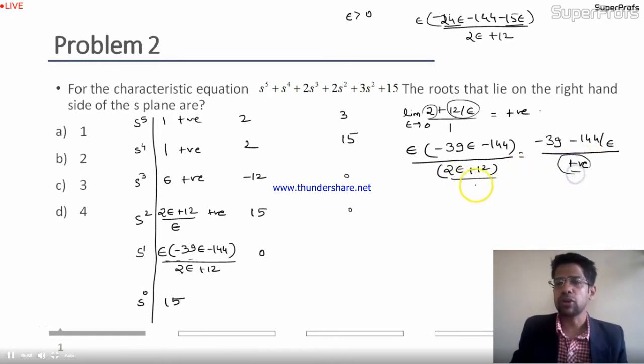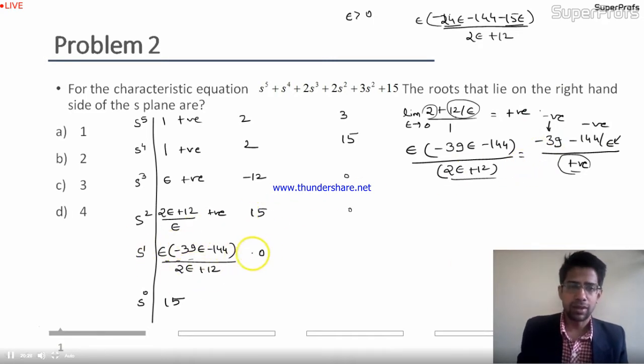So I'm not writing the whole number because I am just interested in the sign of this particular number. Minus 39 is negative, epsilon is positive, and minus 144 by some small positive number will give a negative value, and this is also negative. So the numerator is negative, that means this whole number has a negative sign.